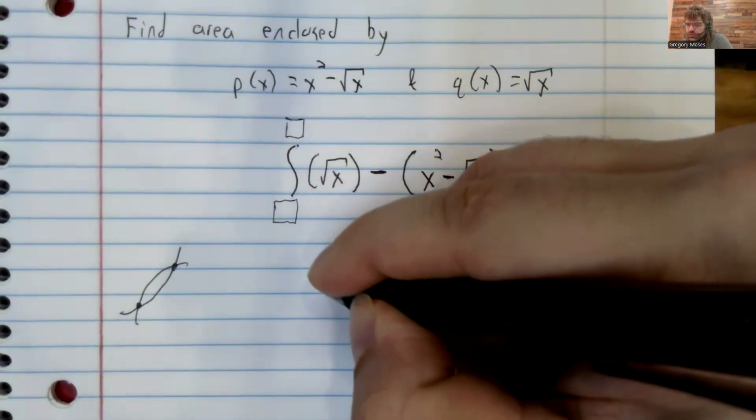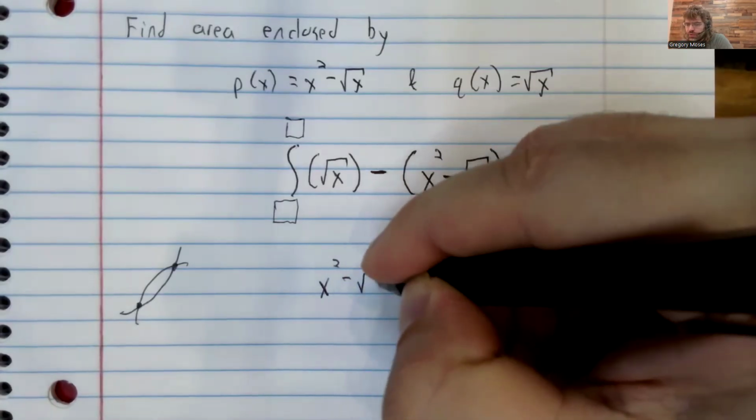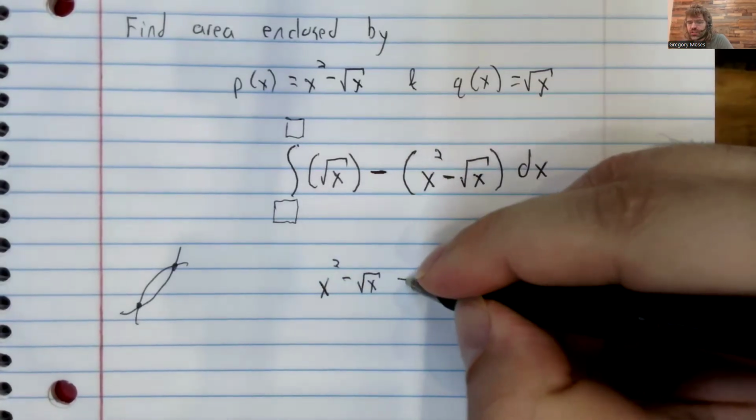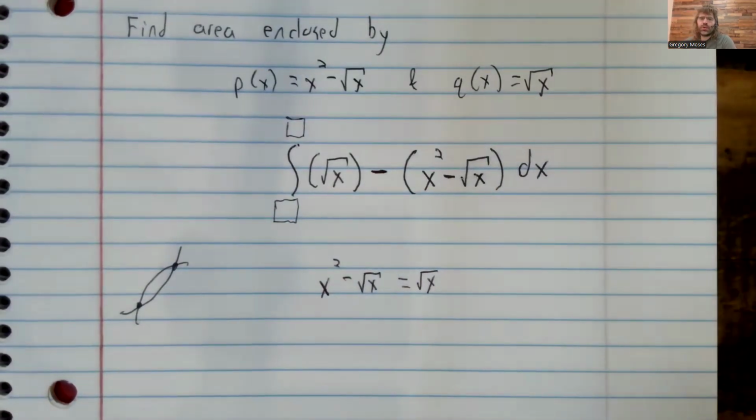So algebraically, to find the limits of integration, we would set x squared minus the square root of x equals the square root of x. But actually solving this is a pain.